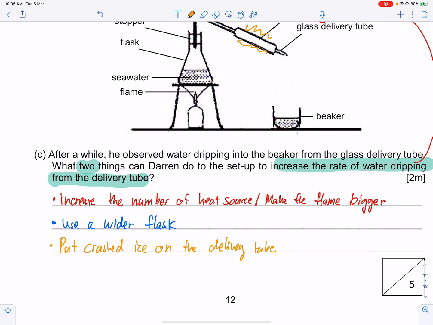Then you provide a cooler surface, increasing rate of condensation. You can say use a metal delivery tube. You can say wet the cloth. Alright. So all this would also work.